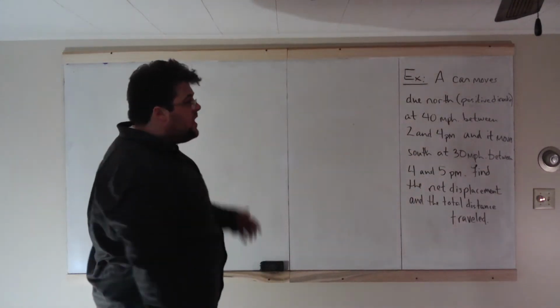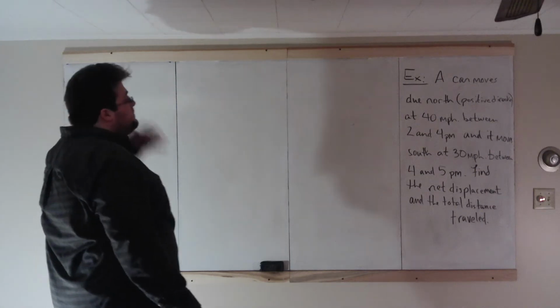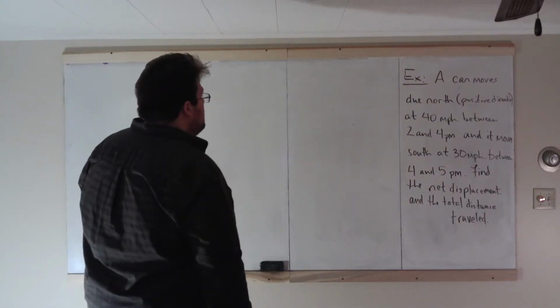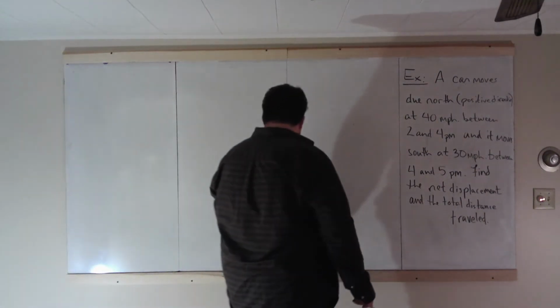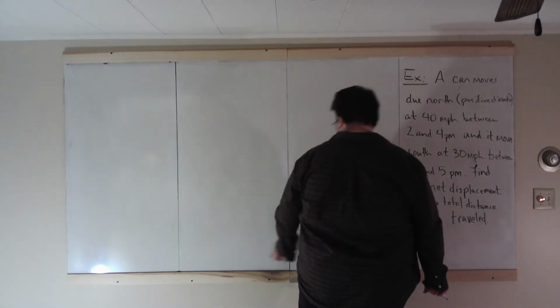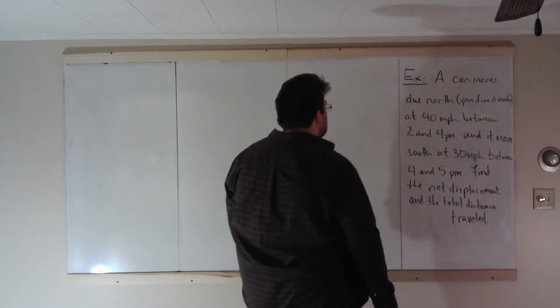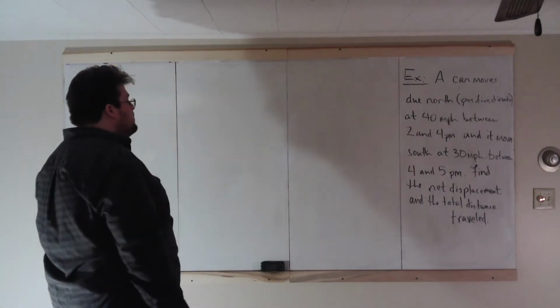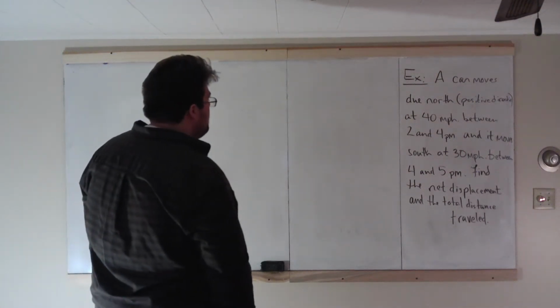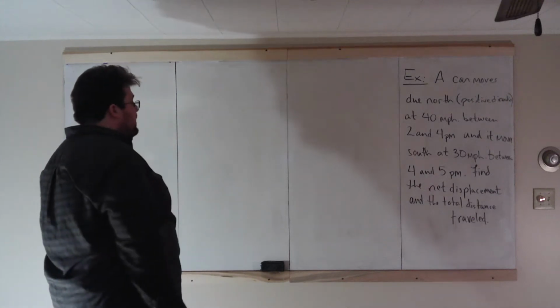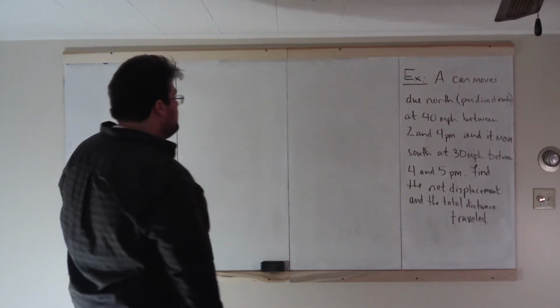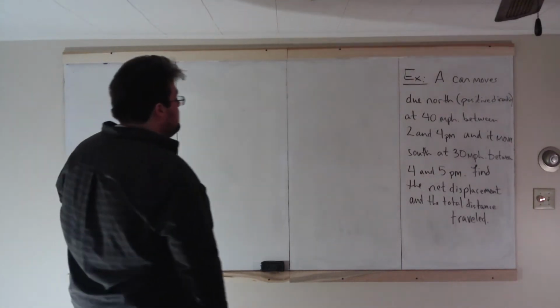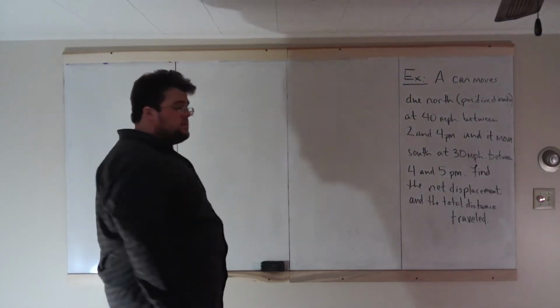Remember, with velocity, we're going to have to specify a positive direction. Here, north will be our positive direction. A car moves due north at 40 miles per hour between 2 and 4 p.m. And it moves due south at 30 miles per hour between 4 and 5 p.m. Find the net displacement and the total distance traveled.